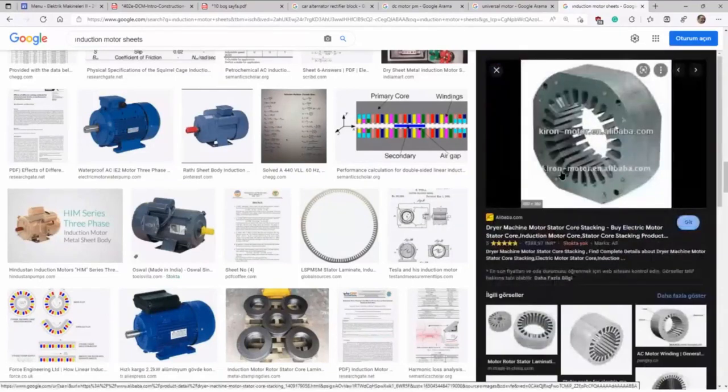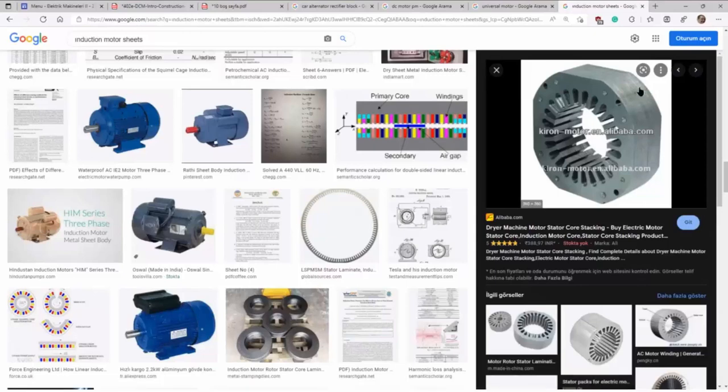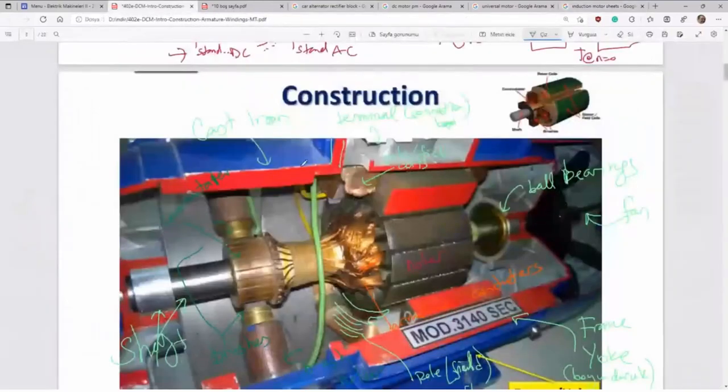Again, that is the stator of induction motor or synchronous machine. All those similar. All those parts are made of silicon steel sheet material. But in DC motor it is a bit different.